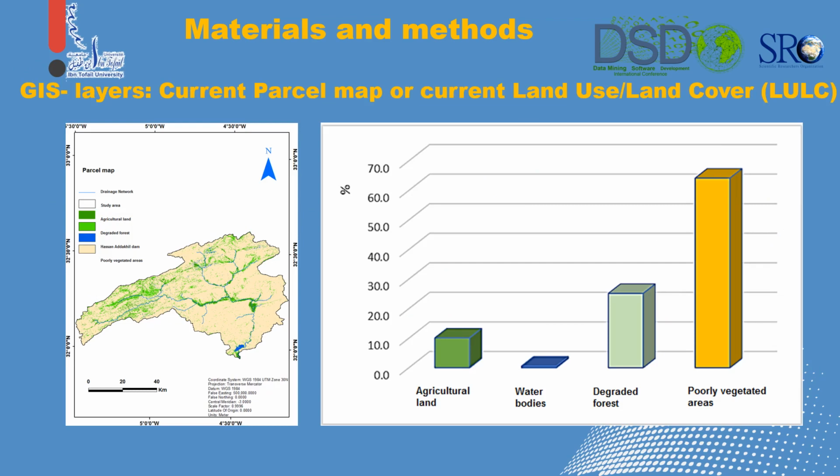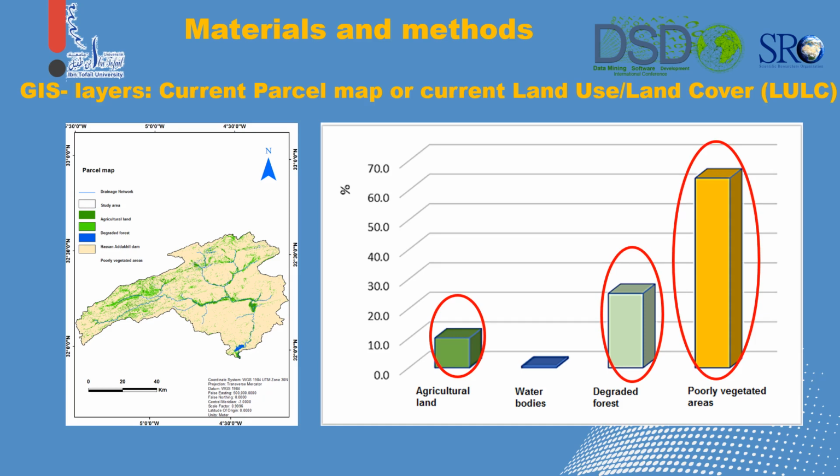Among the different maps required by WATEM-SEDEM, we have the parcel map, or land use land cover map. For this upper watershed, the current parcel map is largely dominated by poorly vegetated areas, followed by degraded forest and agricultural land.